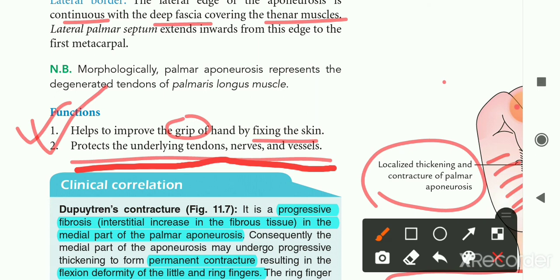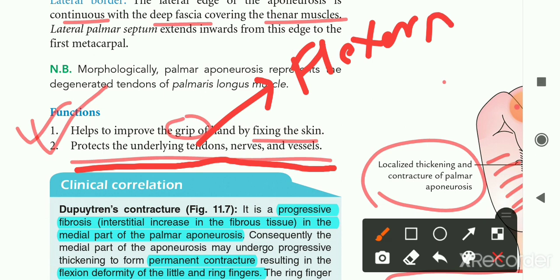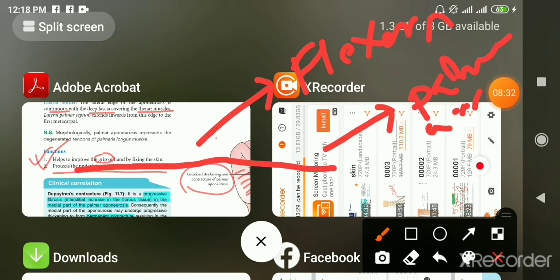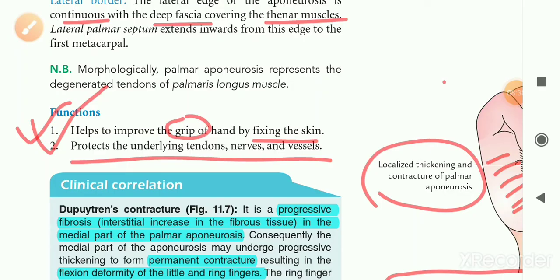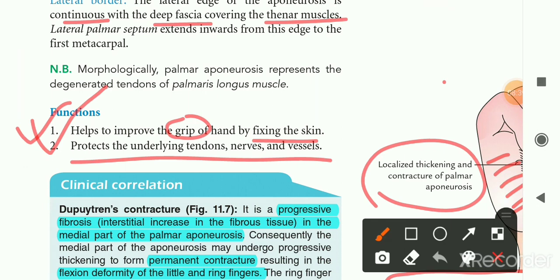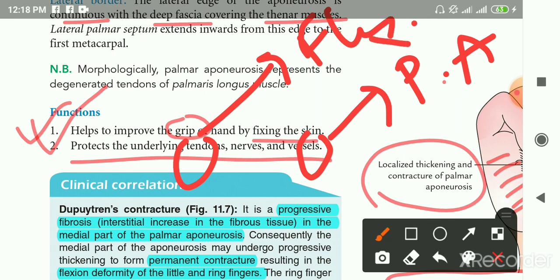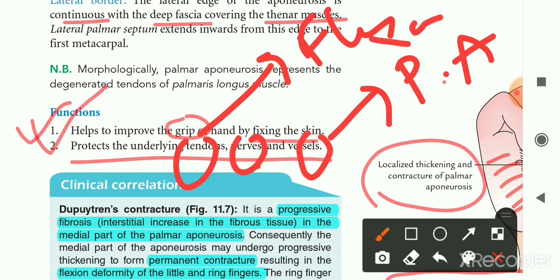Okay, so it protects the underlying tendons of the flexor muscles, underlying vessels such as the palmar arches, and the underlying important nerves such as the median nerve and ulnar nerve. So it helps in the gripping function of the hand, and it protects the underlying tendons, nerves, and vessels.